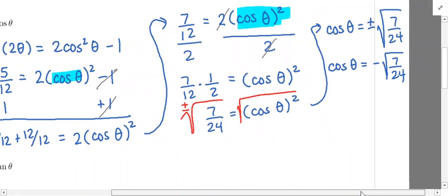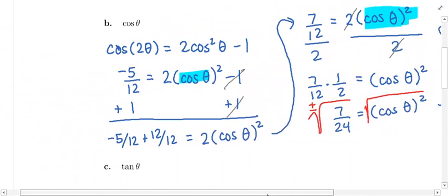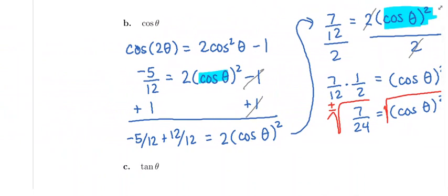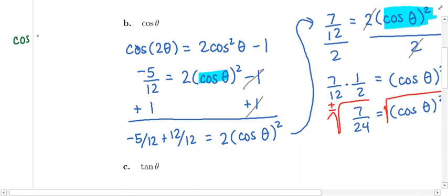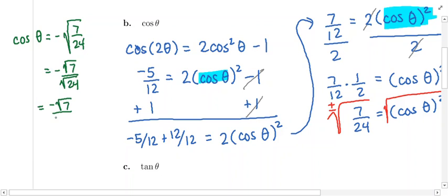So we're essentially done. I am going to simplify this a little bit more, so I'm going to come out to the side here. We know that the cosine of theta is negative square root of 7 over 24. That is negative square root of 7 over the square root of 24. We said that the square root of 24 is equivalent to 2 square root of 6. Rationalize the denominator here.